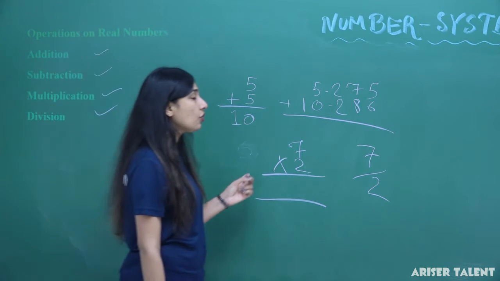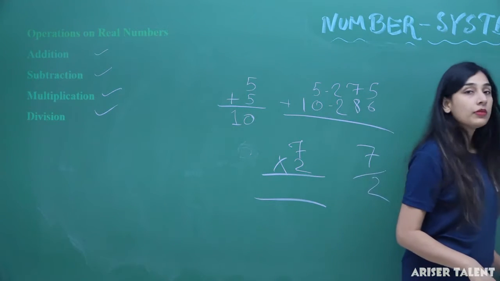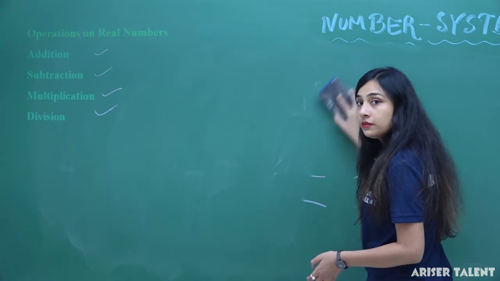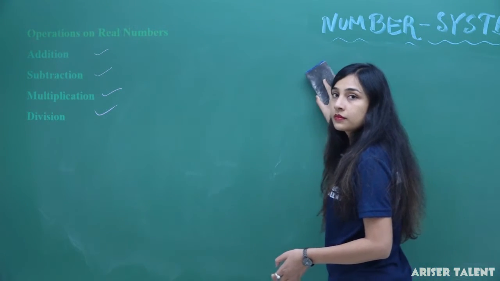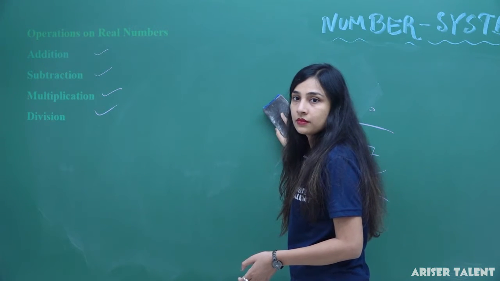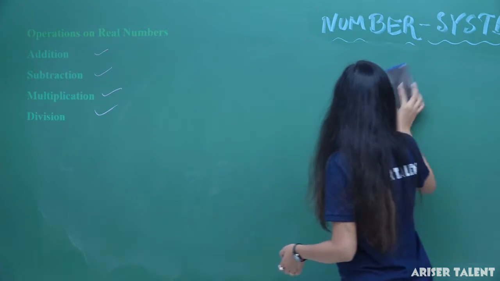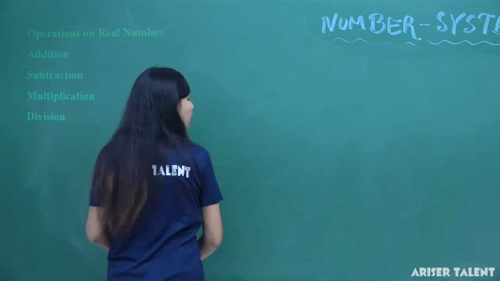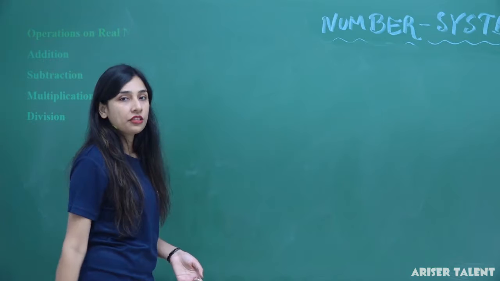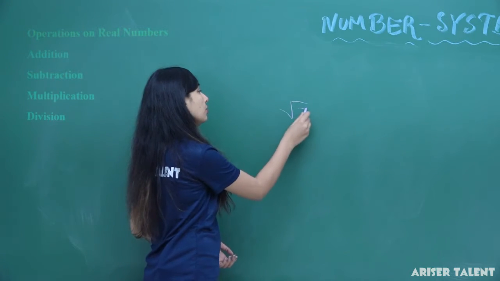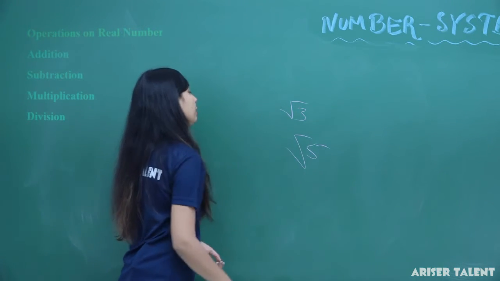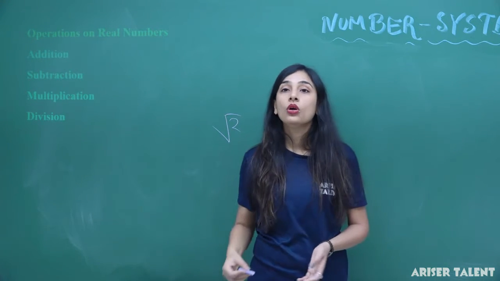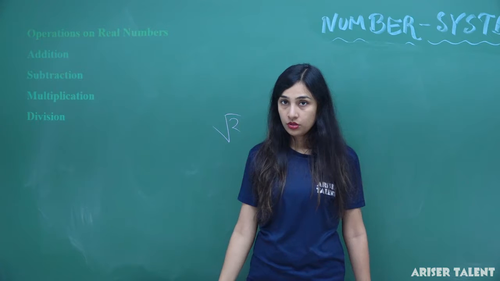We need to talk about some more numbers, because real numbers include not only rational but also irrational numbers like root 3, root 5, root 2 and so on. So we have to work on that also.